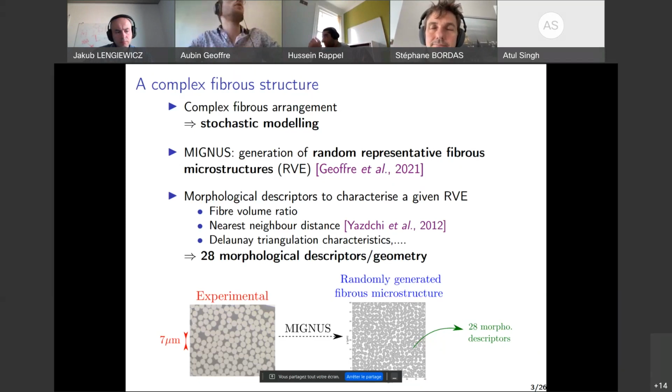Here the situation is quite simple because the microstructures under consideration are basically a set of cylinders. So you can easily compute some morphological parameters such as nearest neighbor distance or Delaunay triangulation and so on. It's kind of easy with this microstructure. But yes, you're right.